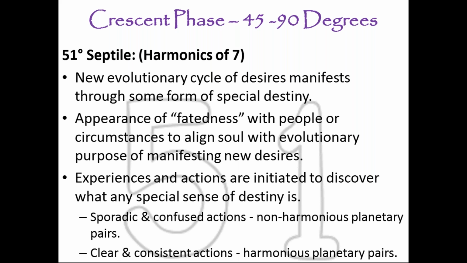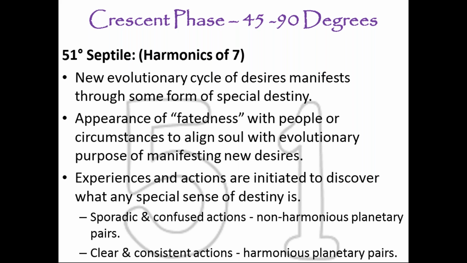I kind of evolve with this. I think your harmonious planetary pairs can have sporadic and confused action. And I think maybe Moon and Mercury can sometimes have clear and consistent actions. If you look at it this way, you would consider Mars and Pluto to be totally in that harmonious planetary pair. Pluto, the soul, the unconscious desire nature, and Mars, the conscious part of the soul's desire nature.